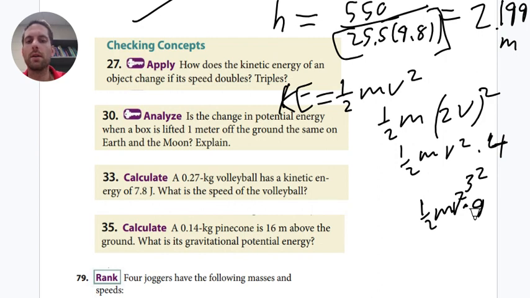All right. So the change in potential energy is not the same on Earth as it is on the Moon, because the acceleration due to gravity on the Moon is very small compared to Earth.